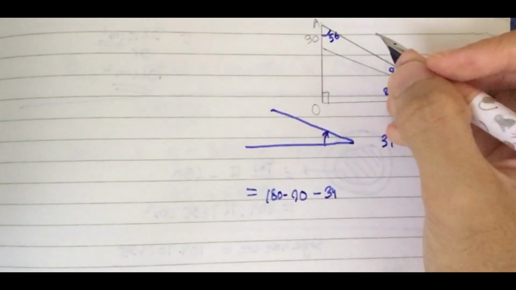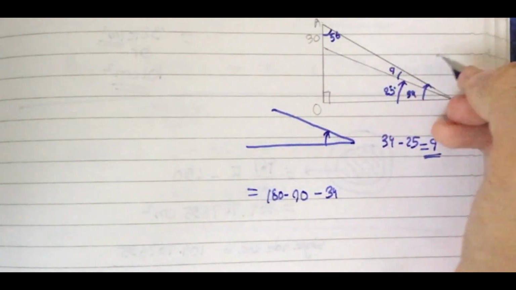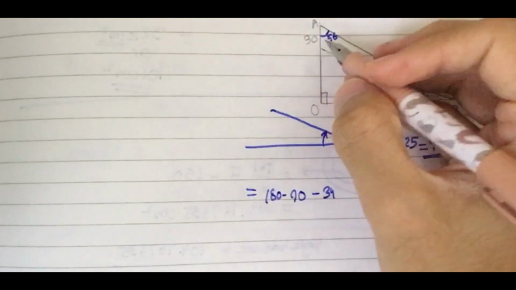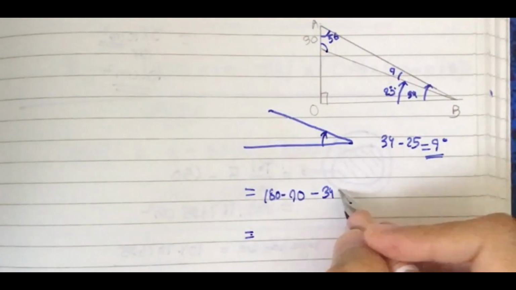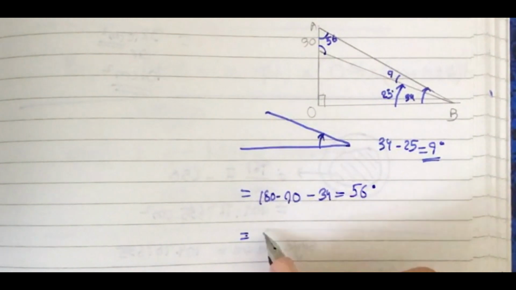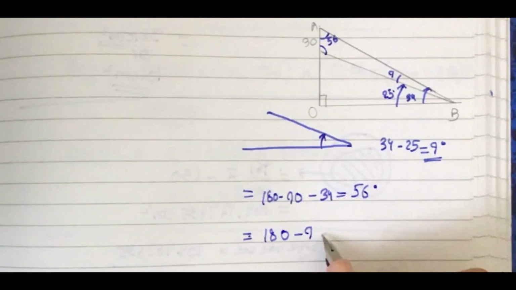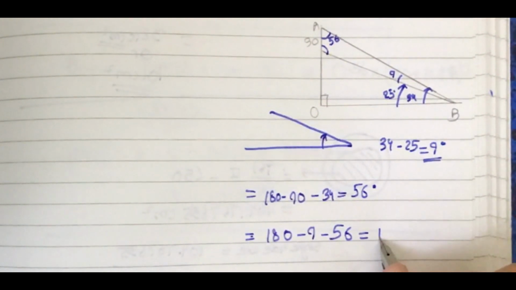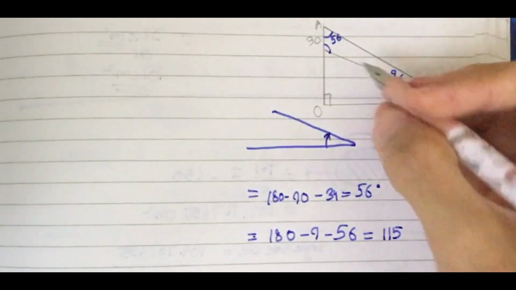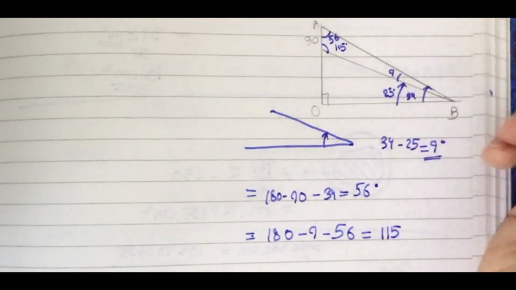Now we have 56° here and 9° here, so this angle is 180 minus 9 minus 56, which is 115°.